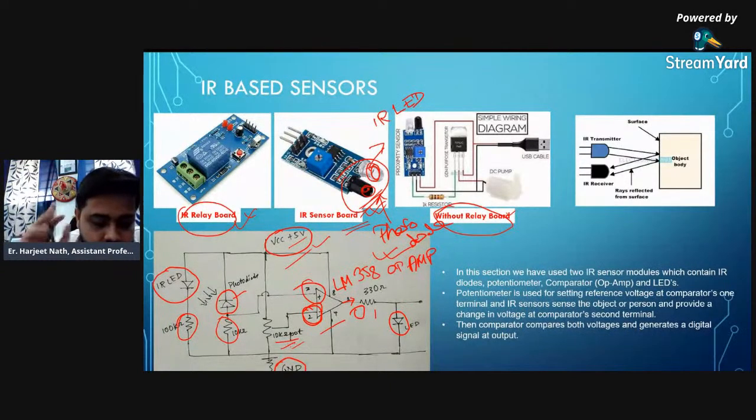The LED will glow if you are getting a signal, that means 1, and if the output is 0, this LED will not glow. It works something like this, which I will be showing you after some time.